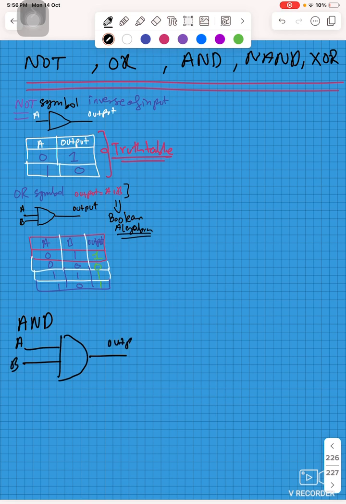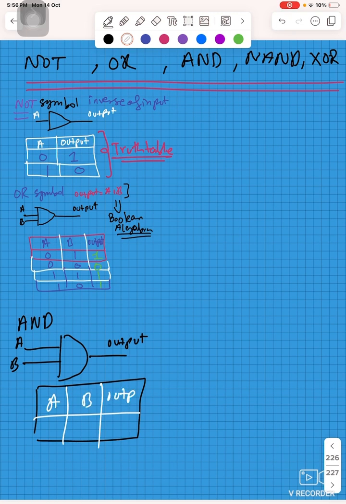With A, B, and output, we have 0 0, 0 1, 1 0, 1 1. The AND gate gives output 1 only when both are 1.